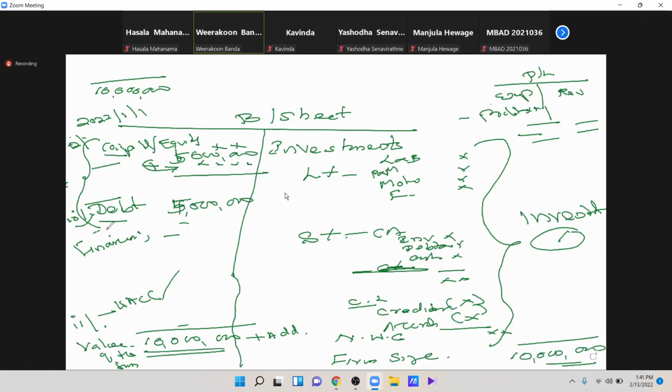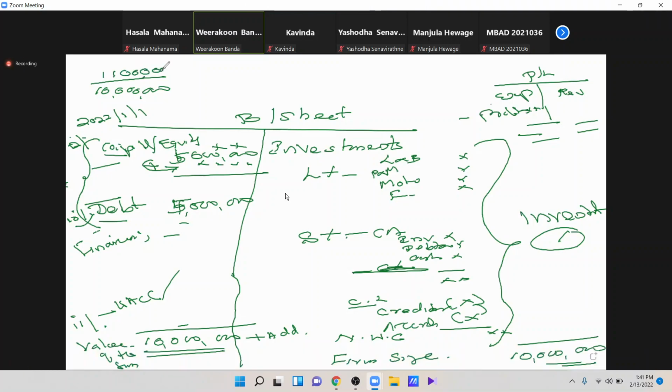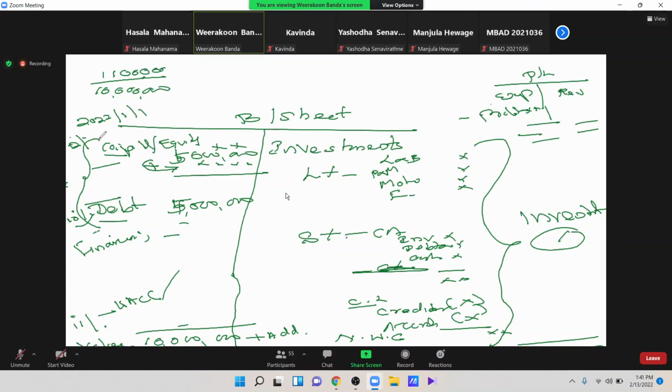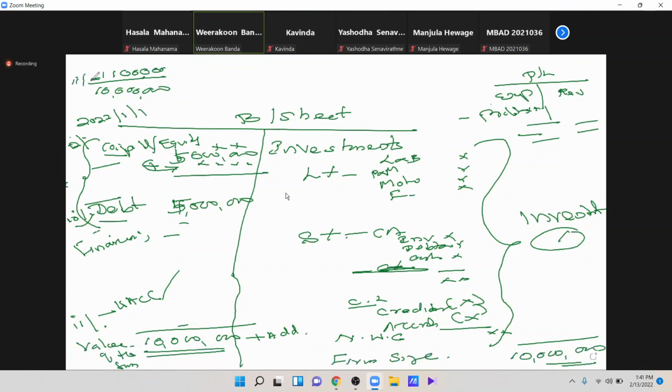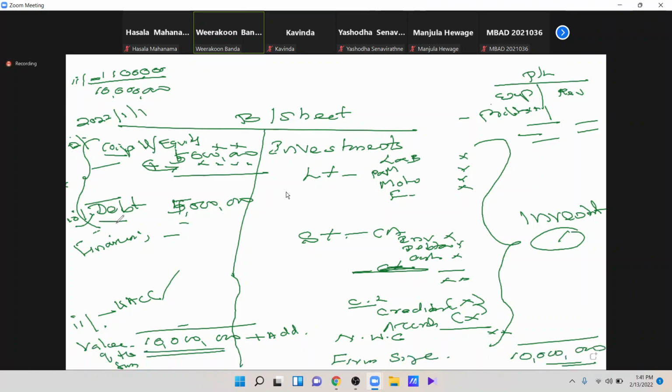Every year we have to earn 1.1 million as profit. Then you get the 11% rate. If the company earns at least 11% profit here, then we can compensate the shareholders as well as the providers.